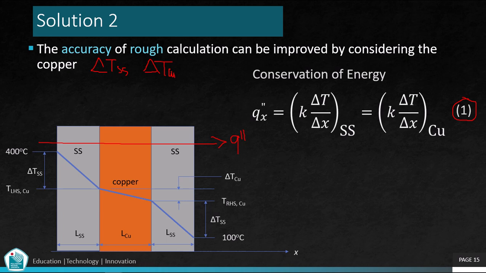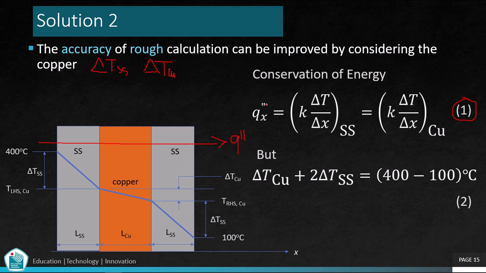But in this case, we will have this kind of temperature change, it means the delta T_SS double, plus the delta T_CU. So this one plus this one plus this one is equal to 400 minus 100 degrees C. So we need to solve this one first.